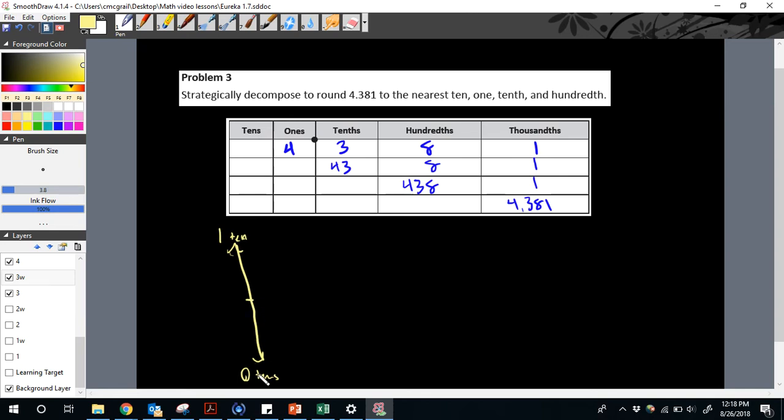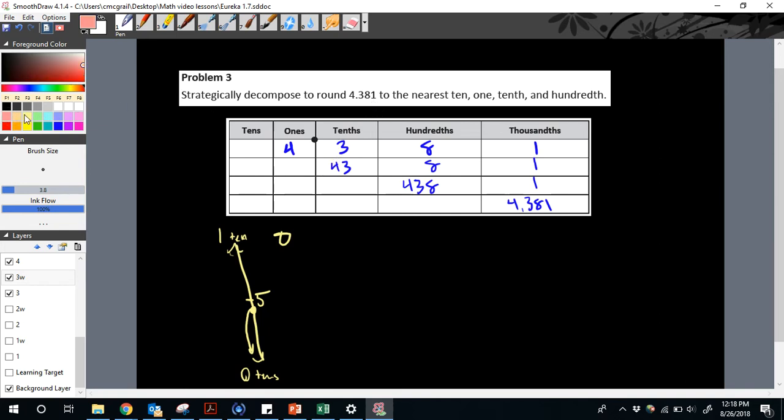My midpoint between 0 tens and 1 ten is going to be 0 tens plus 5 ones, or just 5. Then I'm going to mark this on the number line, and I know that 4 is less than 5, so it's going to go right about there, and it's going to round down to 0. So when I round 4 and 381 thousandths to the nearest 10, it's going to round down to 0.